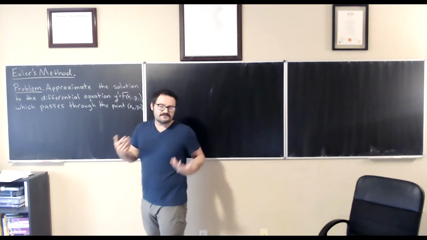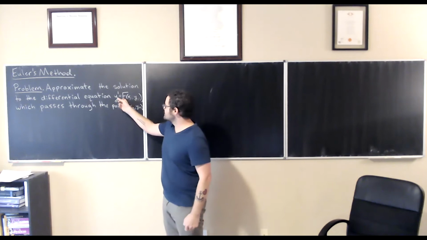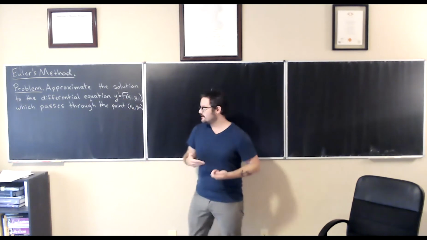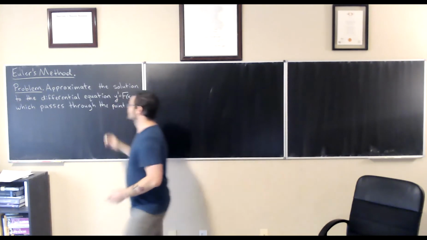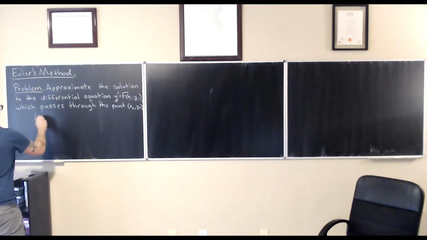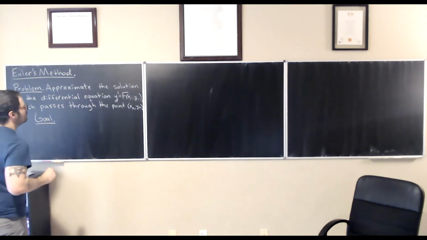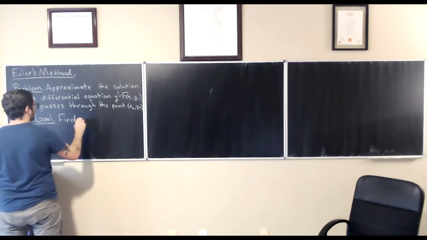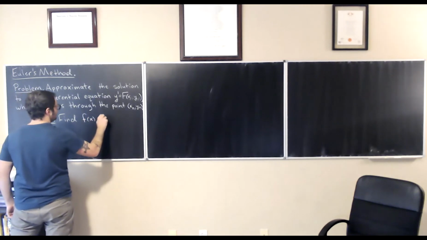And what is the information that we know? So we are given this and this. We have a point that the function passes through, and we have the slope. So maybe I should write that here. Find the function y.